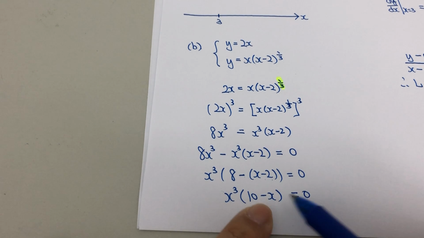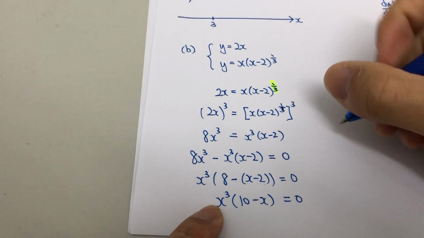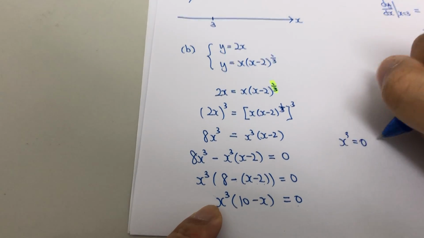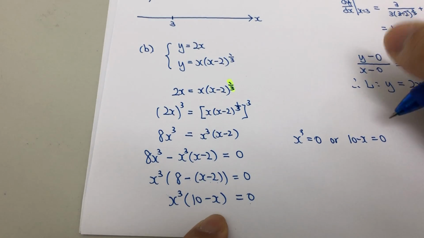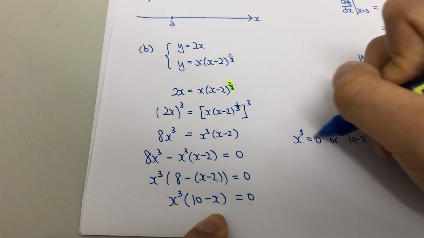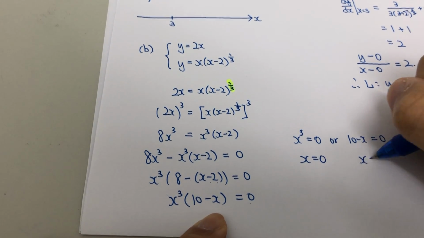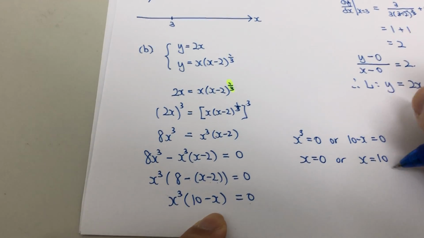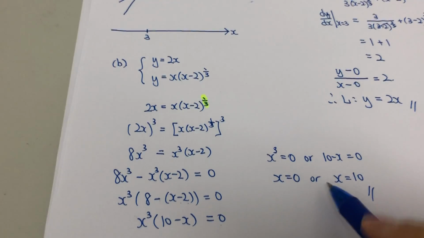Now something times something becomes 0. Either one of them must be equal to 0. So either x to the power of 3 equals 0, or 10 minus x equals 0. And if x to the power of 3 is equal to 0, x must be equal to 0. On the other side, we have x equal to 10. So there are two values of x.